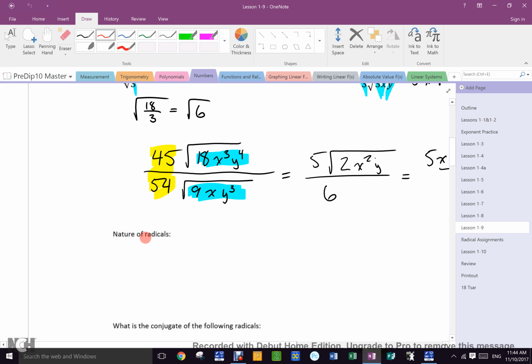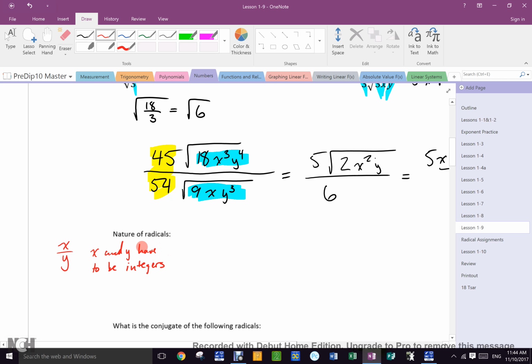So, a rational number is x over y. But there's some rules about x and y. They have to be what? X and y have to be integers. Right?